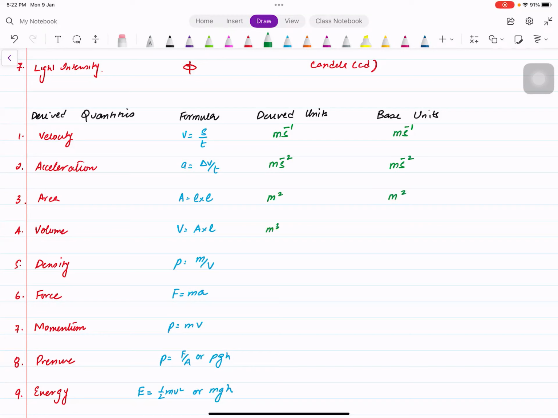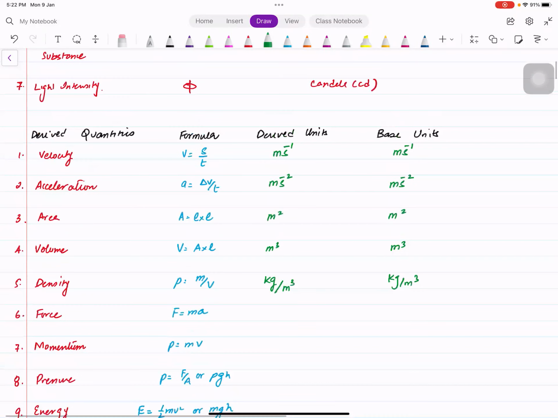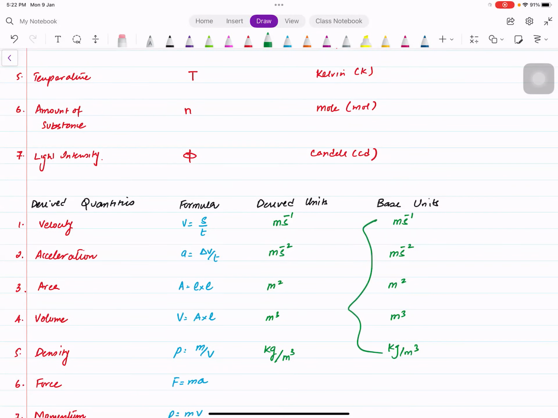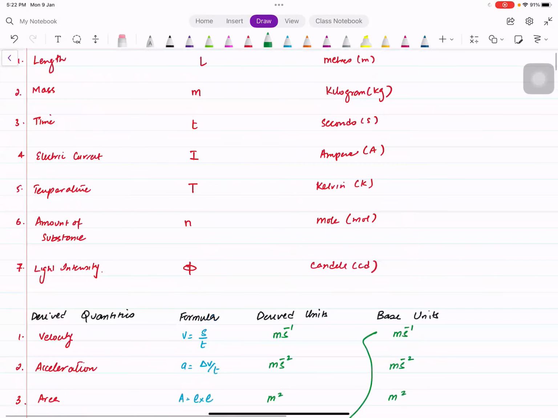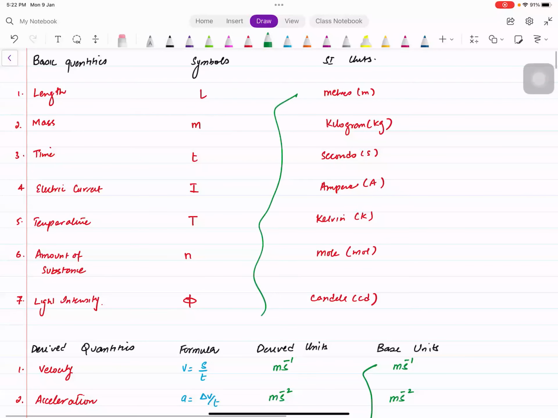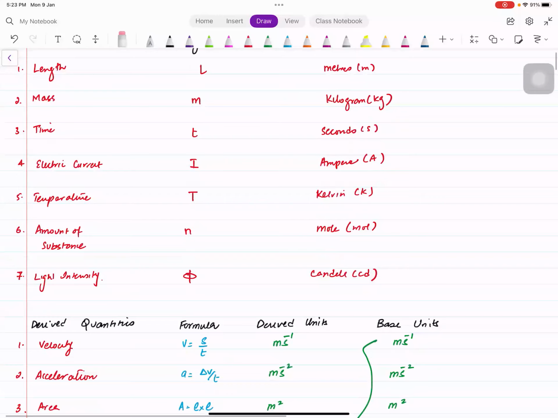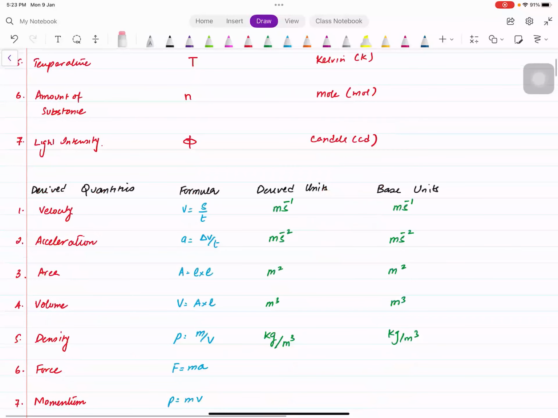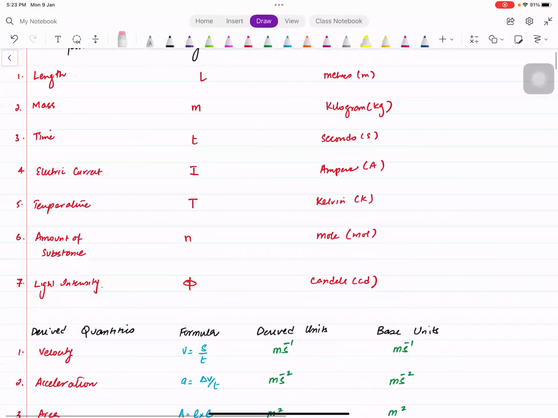Volume is meter cubed, meter cubed. Density is kg because of the mass, divided by the volume, so it will be kg per meter cubed, and it is also the same. Notice that every unit that I'm writing right now in this section has to be the same as the units in this section. So you need to check back: if there's an odd unit that was not given in the basic list, then there's something you've done wrong.